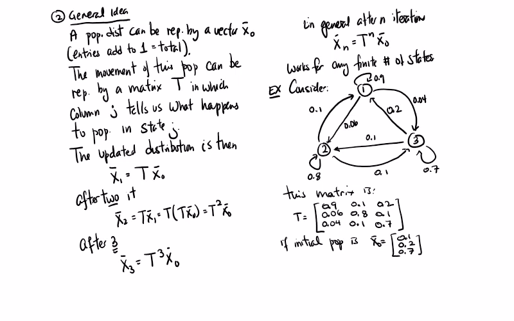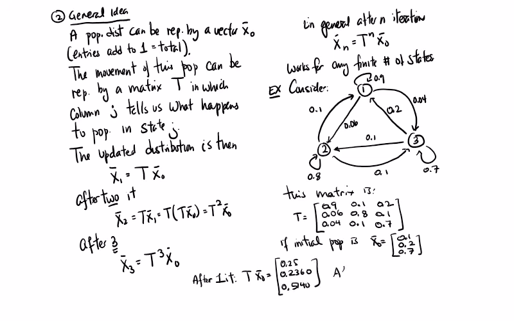Then, for example, after one iteration, I would do T times x sub 0. If you do this, you will get 0.25, which goes up a bit. The next one goes up a tiny bit, and the third one goes down. Again, they all add up to 1.